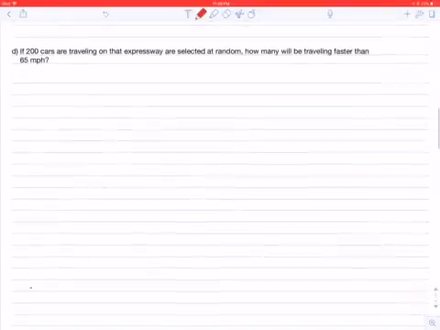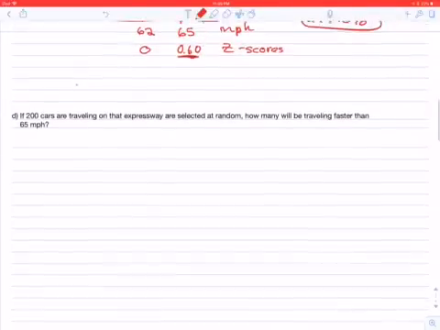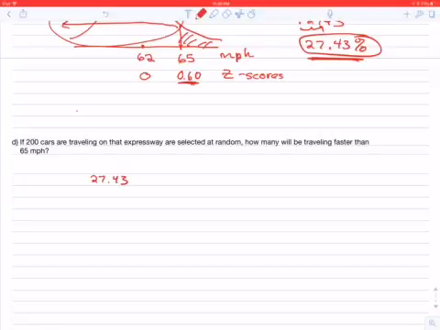So if 200 cars are traveling on the expressway, how many will be traveling faster than 65 miles per hour? Well, we just found out what percentage were traveling faster than 65 miles per hour. It was 27.43%. So 27.43% of the 200 cars are traveling faster than 65 miles per hour.